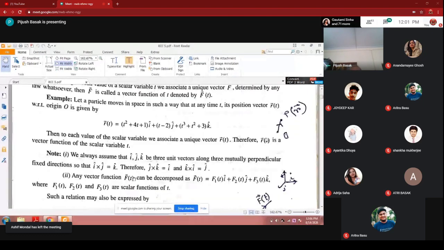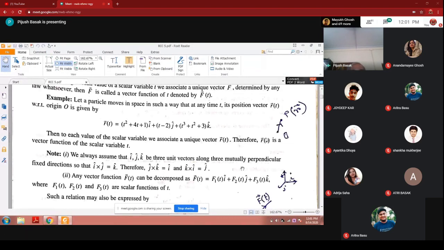Next is, we know about the unit vectors along x, y, and z axis, that is i, j, k, and we know also that if the vectors are perpendicular to each other, then i dot j will be equal to 0.